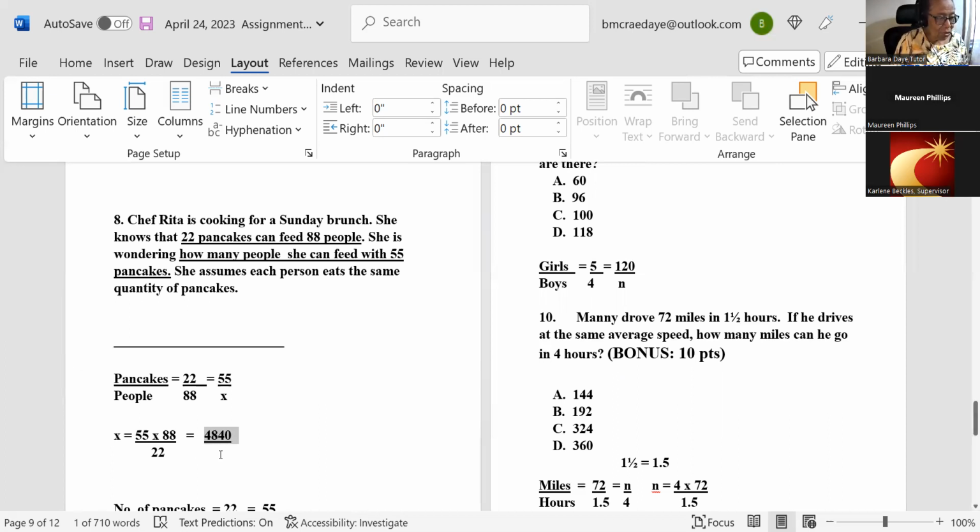So 22, and that would be equal to 220. So with the 55 pancakes, she can feed 220 people. Okay?